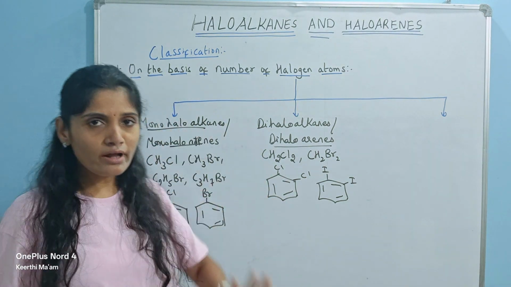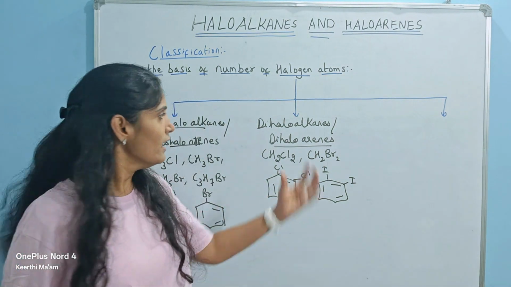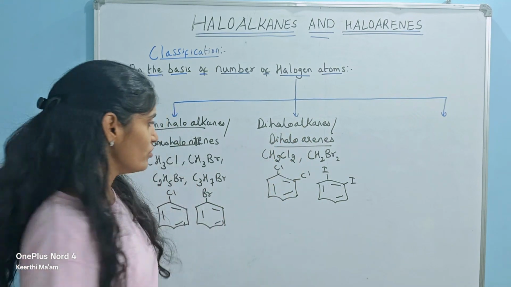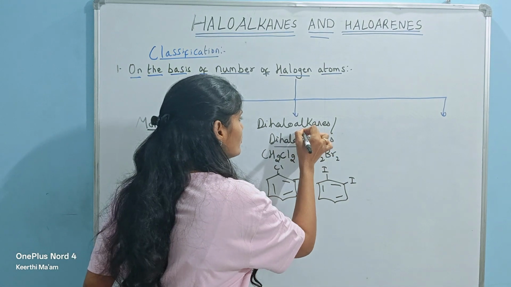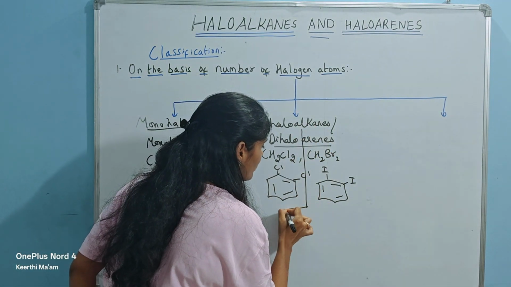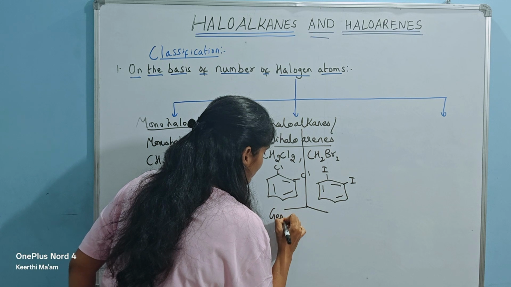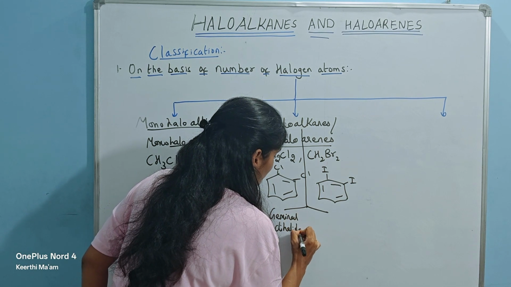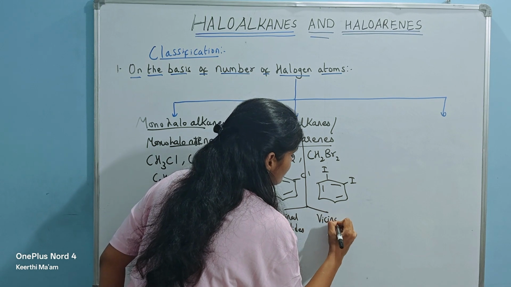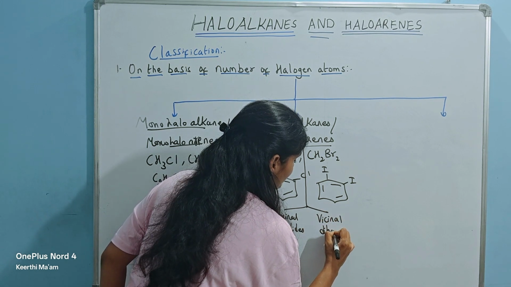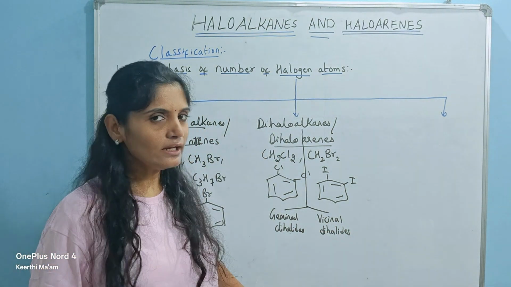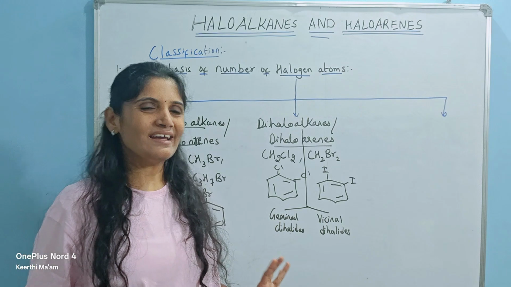In mono only one hydrogen has been replaced by a halogen. In dihalo, two hydrogens have been replaced by two halogens. These dihaloalkanes and dihaloarenes are further classified into geminal dihalides and vicinal dihalides. What are geminal dihalides, what are vicinal dihalides? We will see in detail by taking proper examples.